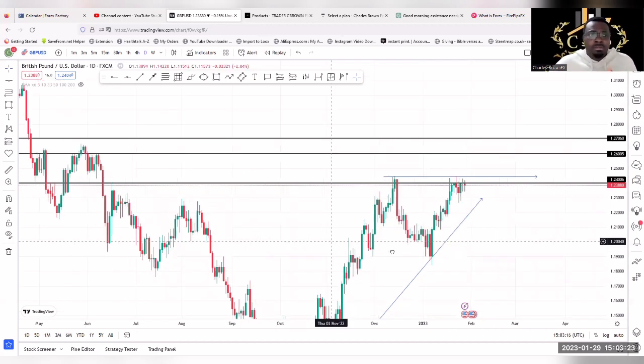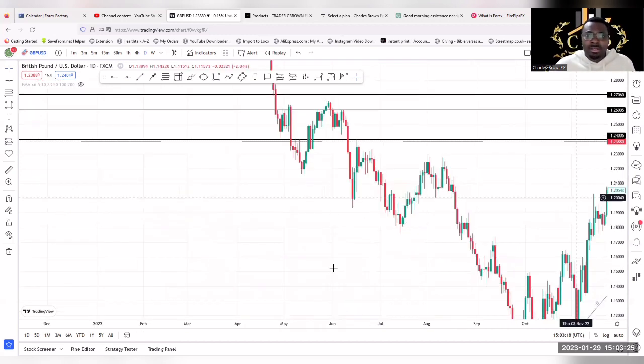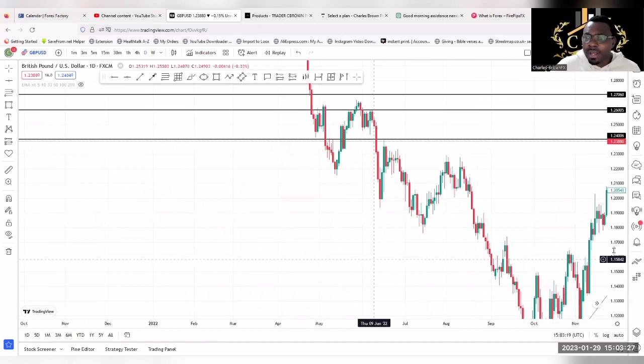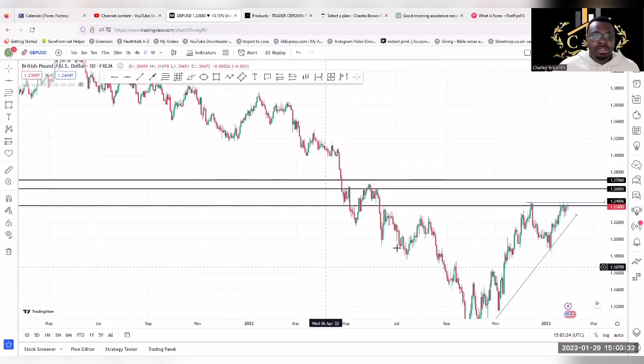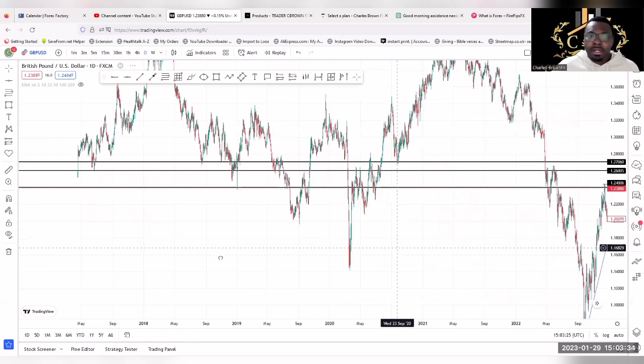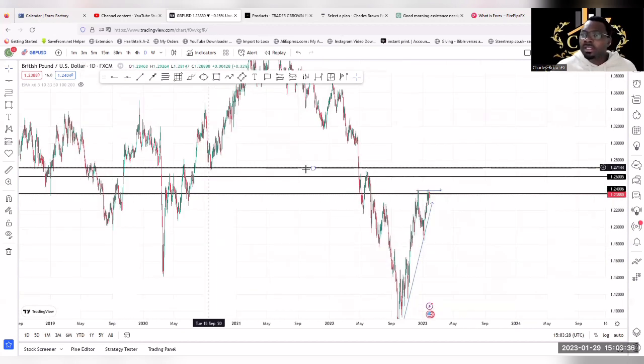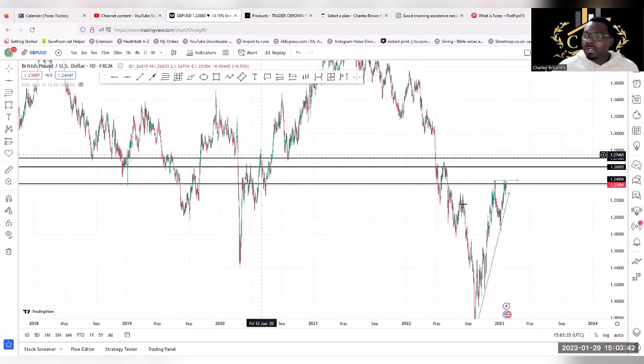Why? Because the market previously reacted to the zones in the months past, in the weeks past. Right there at 1.2700, the market pushed above it, came down and bounced off. We can see again it came up to 1.2700, rejected and dropped to 1.2400, rejected, bounced back up and broke above it.